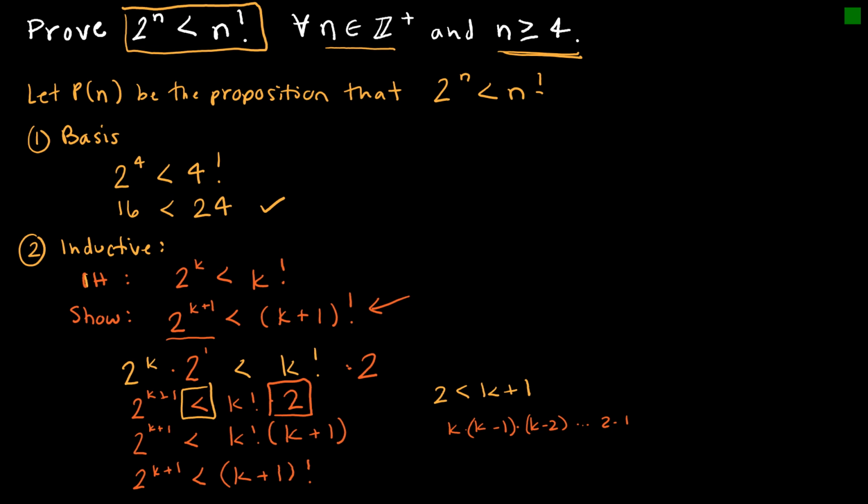And so if I instead add a k plus 1 times all of that, this is actually equal to k plus 1 factorial. And so that is where I wanted to end up, and I have, so I have proven this to be true.